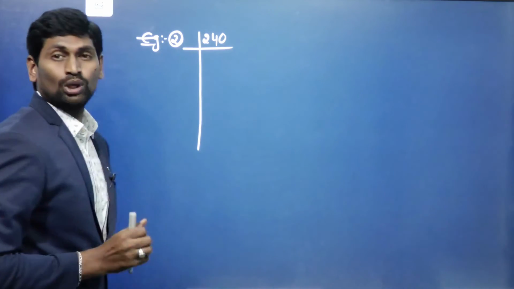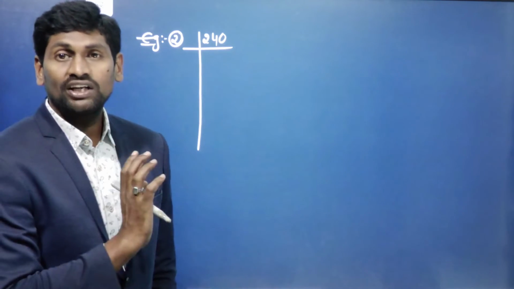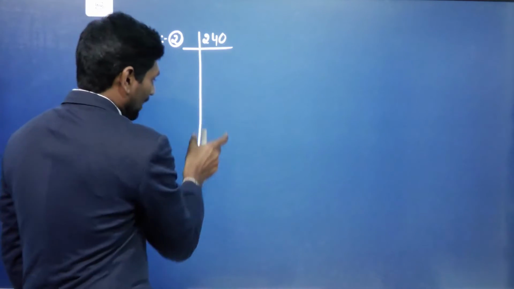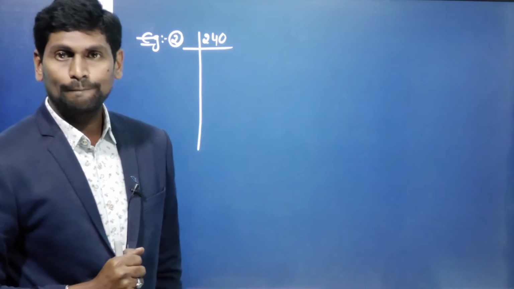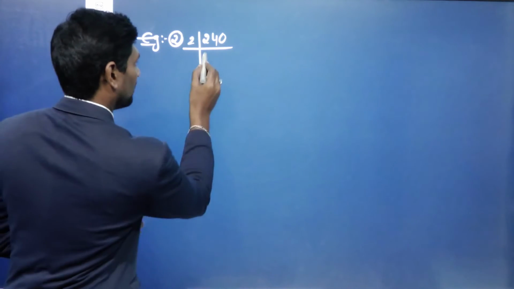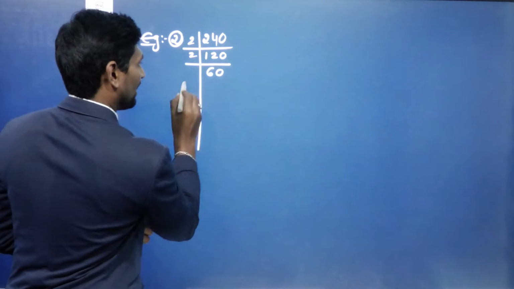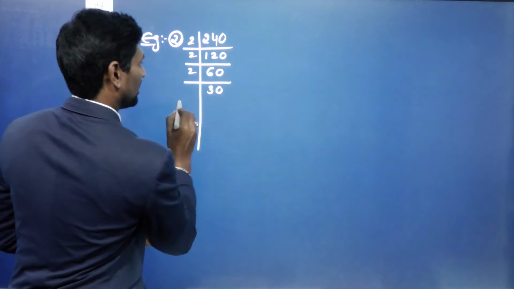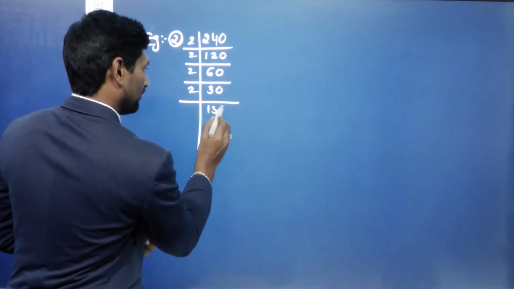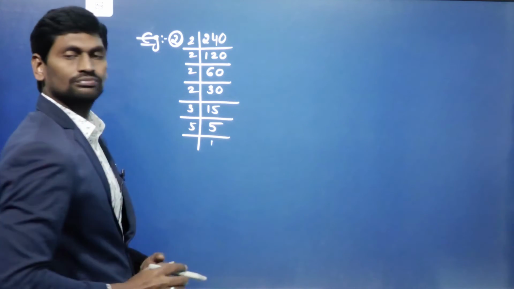To find the sum of factors or sum of divisors, first of all we need to find the prime factorization of a composite number. Here take 2 table: 2 ones are 2, 2 twos are 120 times, again 2 table 60 times, 2 table 30 times, 2 table 15, 3 table 5 times, 5 table 1 time.